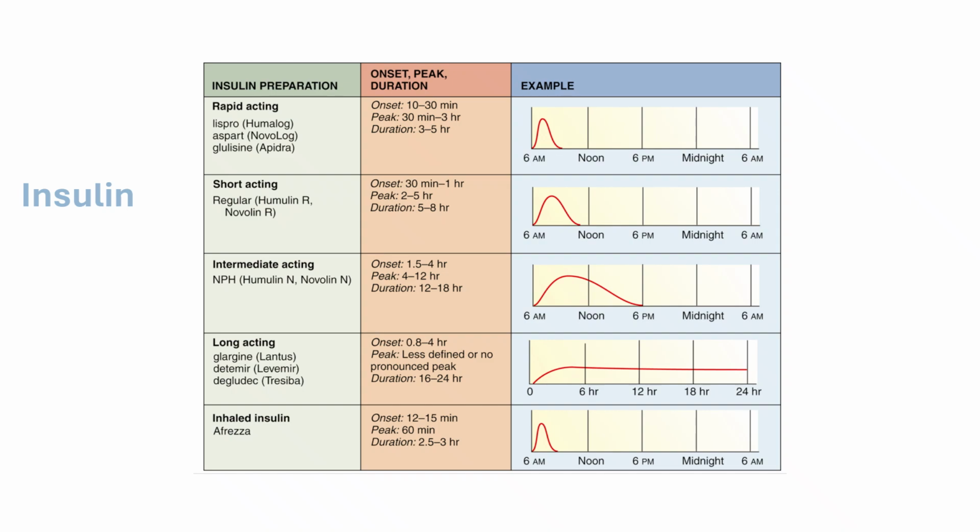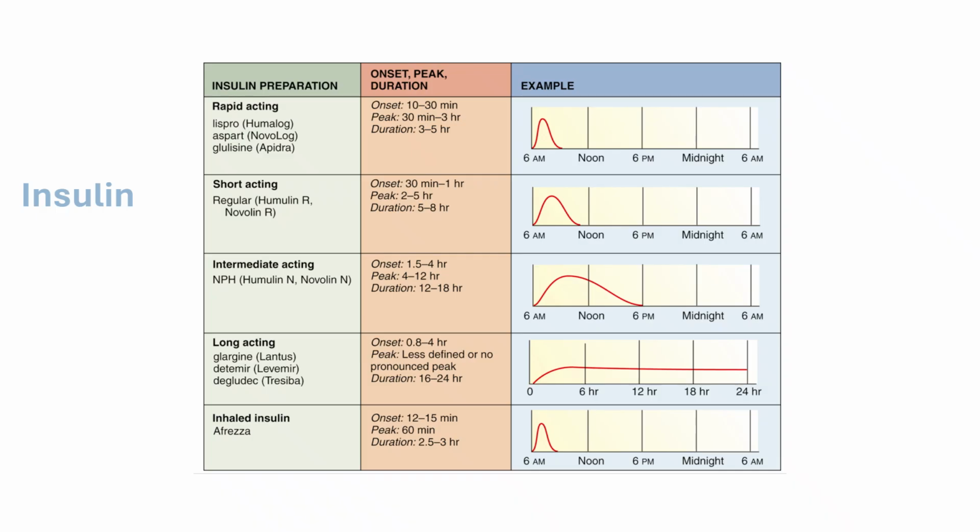Short acting, like the Humulin R or Novolin R, they have an onset of 30 minutes to 1 hour and they peak in 2 to 5 hours. Intermediate, Humulin N, Novolin N, and then the long acting, you'll see these are like Lantus, Levemir. So these have a 0.8 to 4 hour onset, but these are actually like the ones that you'll give.